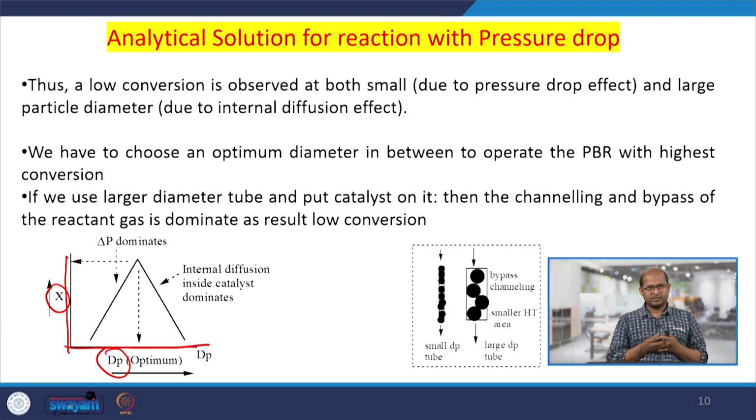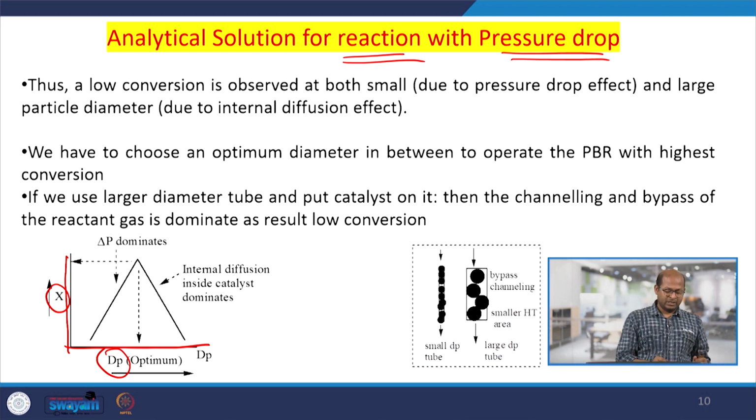What we are discussing is how the reaction as well as the pressure drop, when we conduct any reaction inside the reactor, would affect it. If we increase the particle diameter, which is the x axis, then the conversion gradually increases. Up to this point, pressure drop dominates.